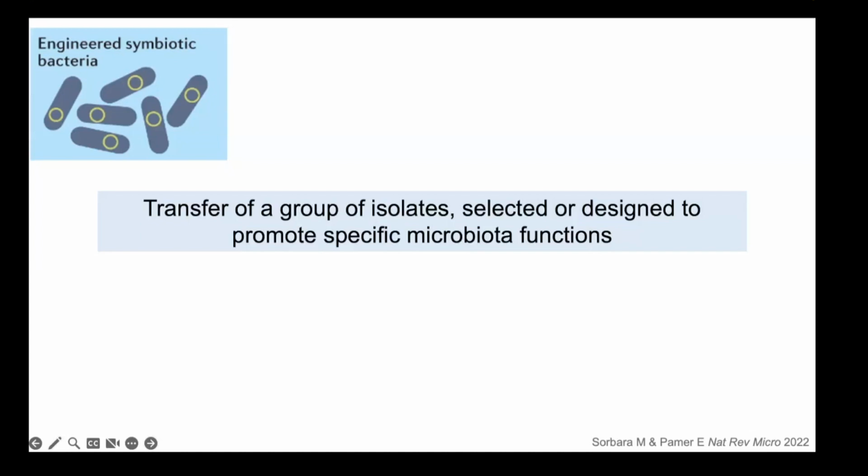So there have been some E. coli and some Lactococcus isolates that have been used as delivery of recombinant proteins, and so this is, I think, still an emerging space, but quite exciting.